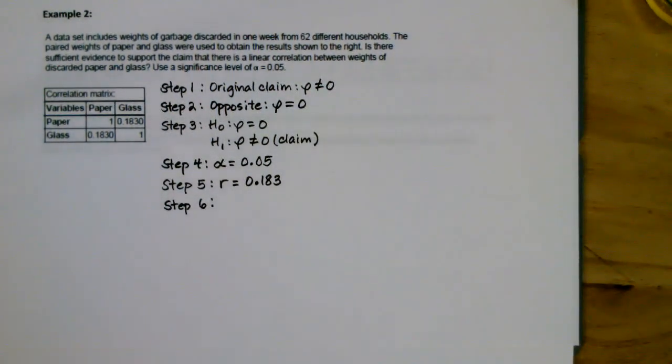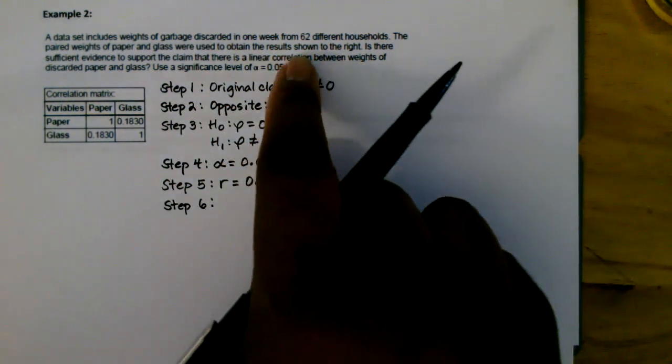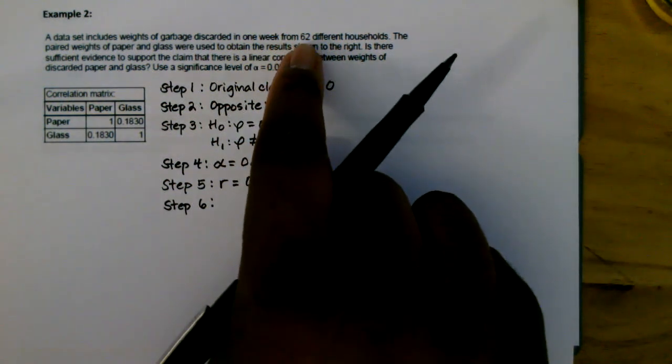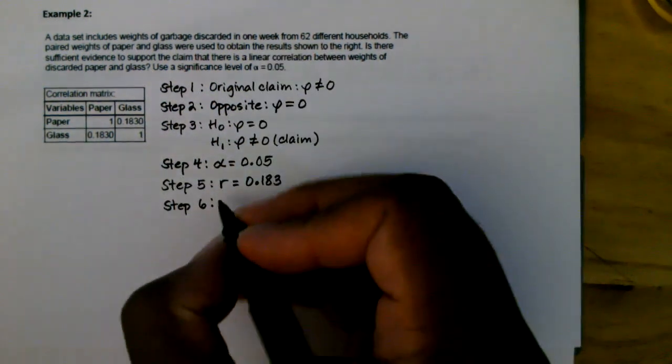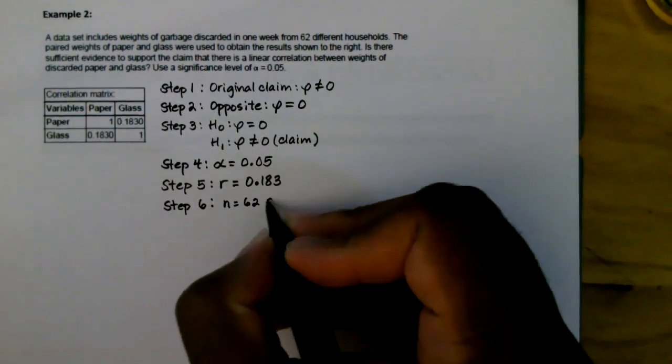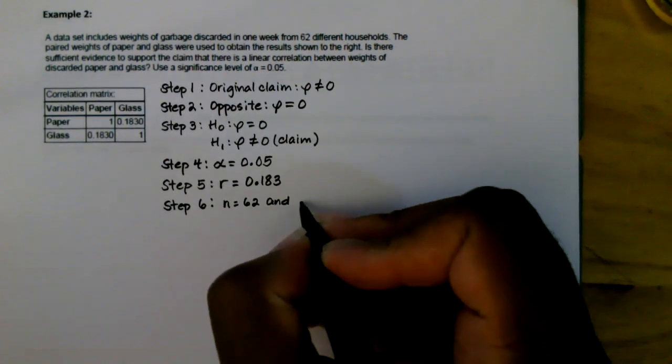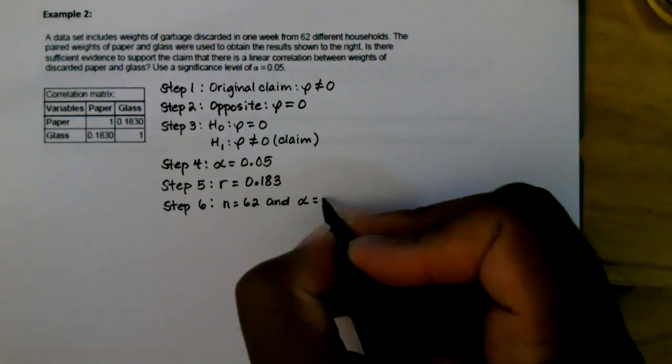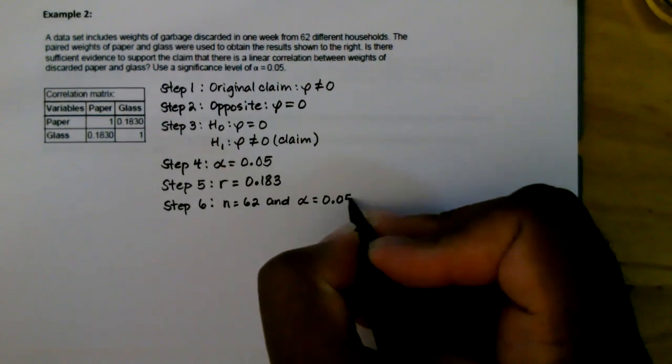Now, step number 6, we're going to need the critical value for this. What I see here is 62 different households, so that tells me n is going to be 62. And my alpha level is 0.05.